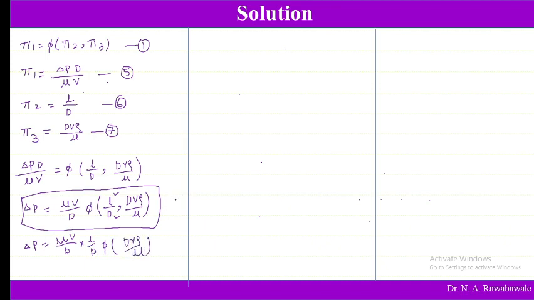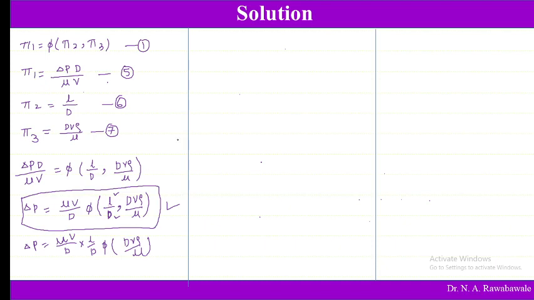So this can be taken as the final derivation. If you got the idea that L and D, length and diameter, are constant terms, then we can take it outside, or it is a linear function of L by D.